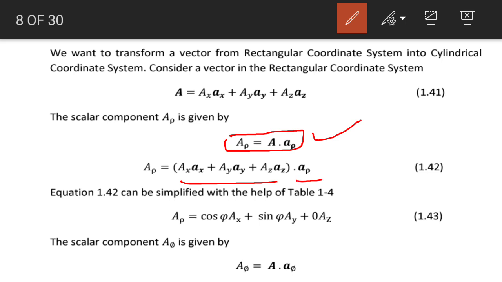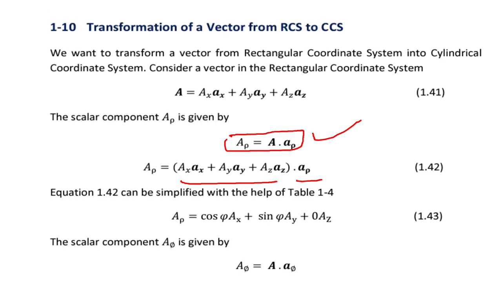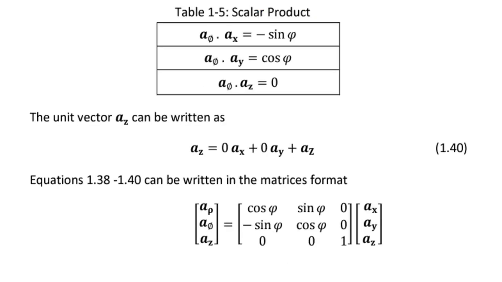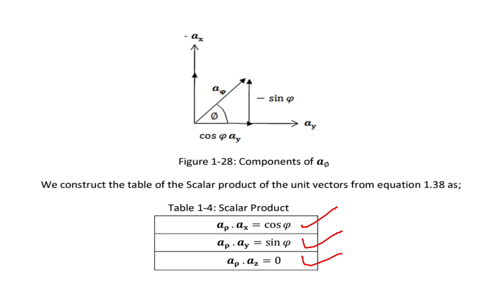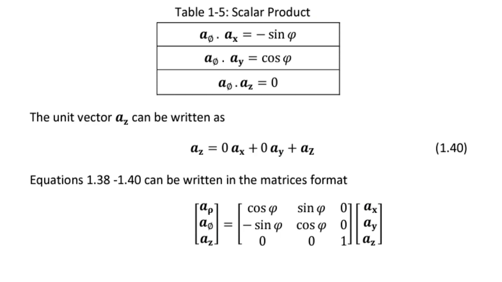We simplify this scalar product with the help of table number 1.4 and table number 1.5. You know that A rho dot Ax results in cos phi, A rho dot Ay results in sin phi, A rho dot Az results in 0. Similarly, A phi dot Ax results in minus sin phi, A phi dot Ay results in cos phi, and A phi dot Az results in 0.